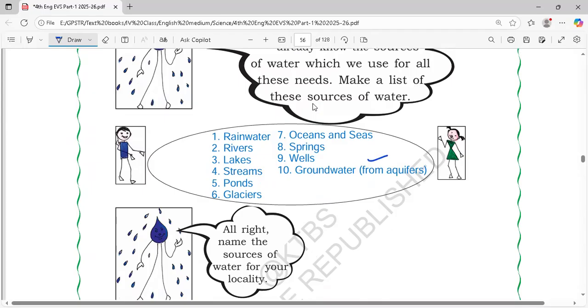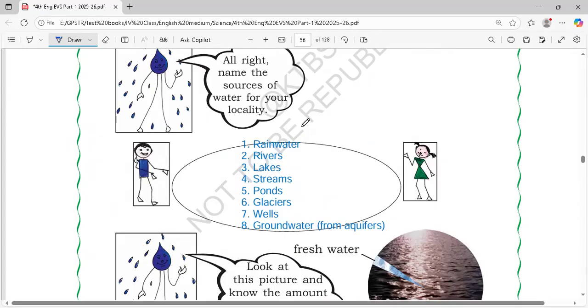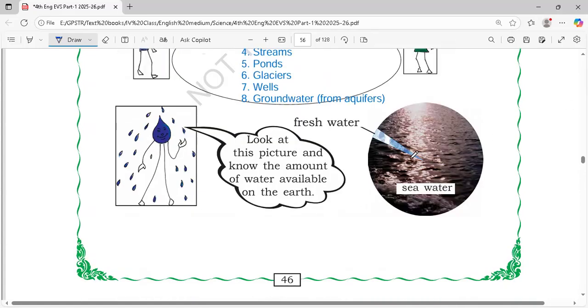These are all sources of water. All right, name the sources of water for your locality. In our locality, we can use rainwater, rivers, lakes, streams, ponds, glaciers, wells, groundwater, etc.